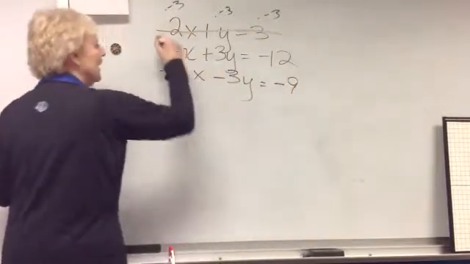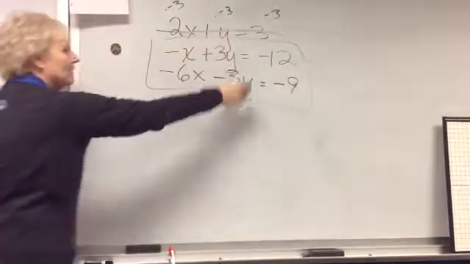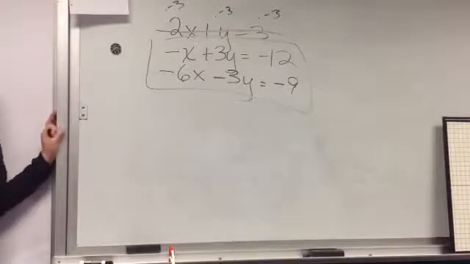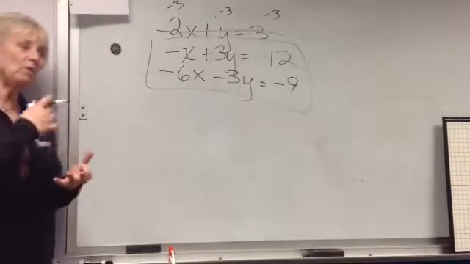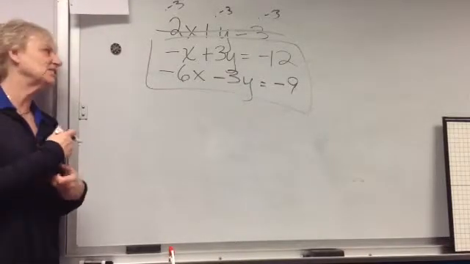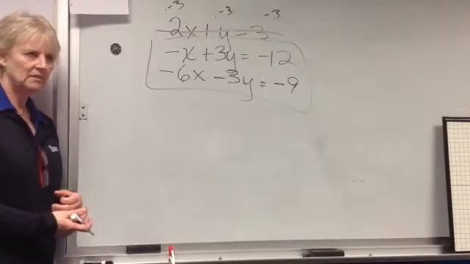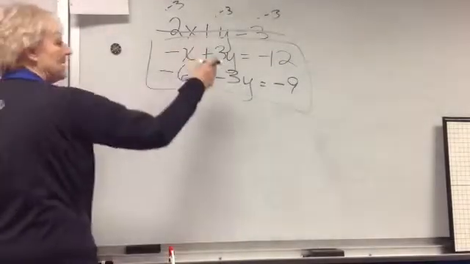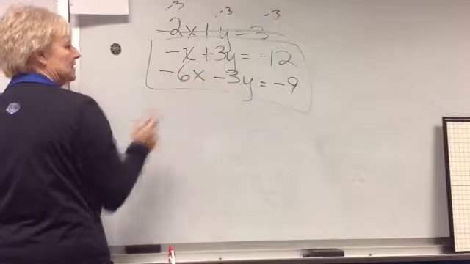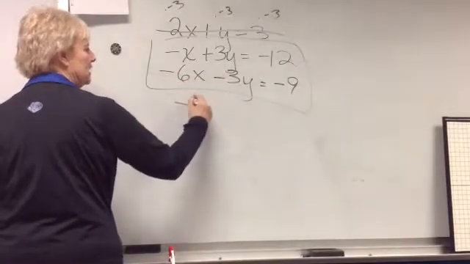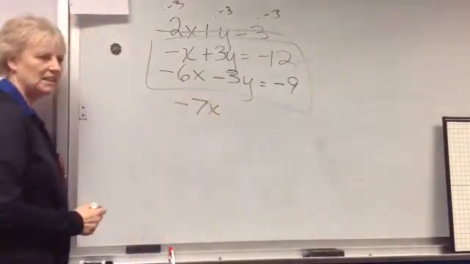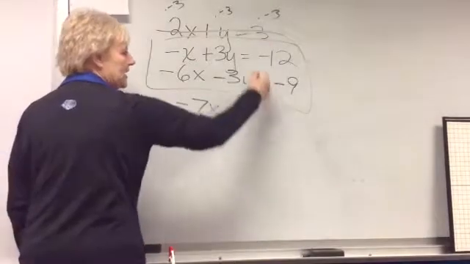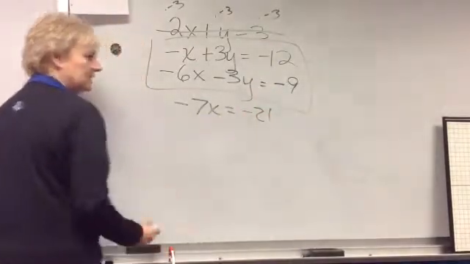That's gone, and look what we have. We have opposites. Now you can do it. So the multiplication method is you just have an extra step. All right, so we have negative x, negative 6x, that's negative 7x, equals negative 21.